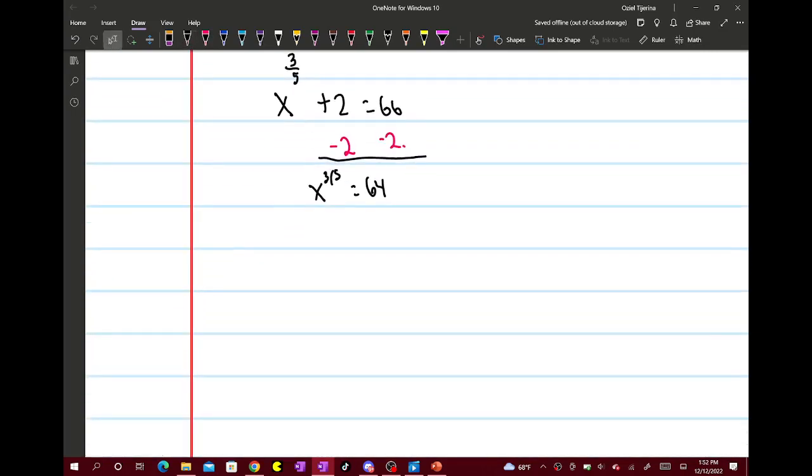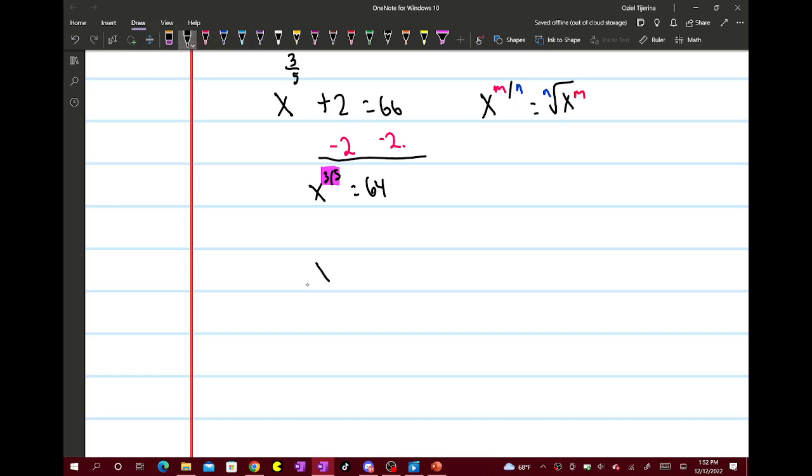Now notice that the power or the exponent here is 3/5. To get rid of that, you can do it one of two ways. If you know that x to the m over n power is equal to the nth root of x to the m, you can use that.